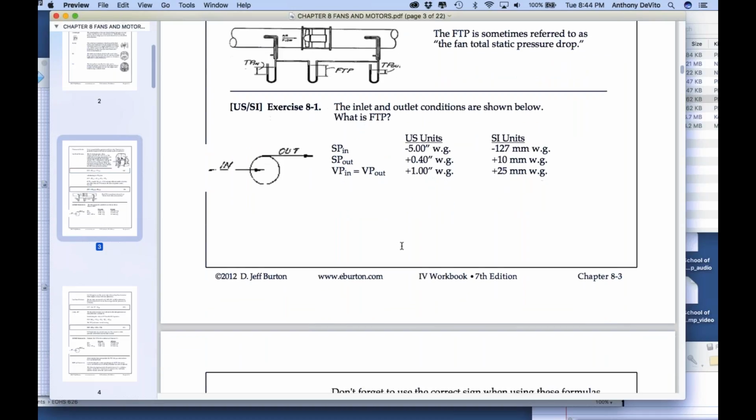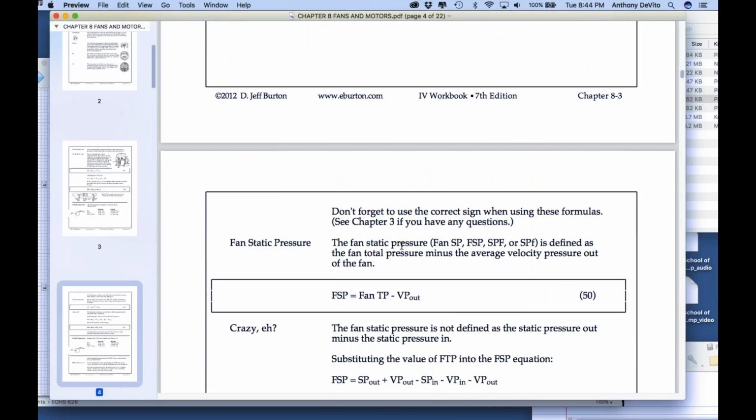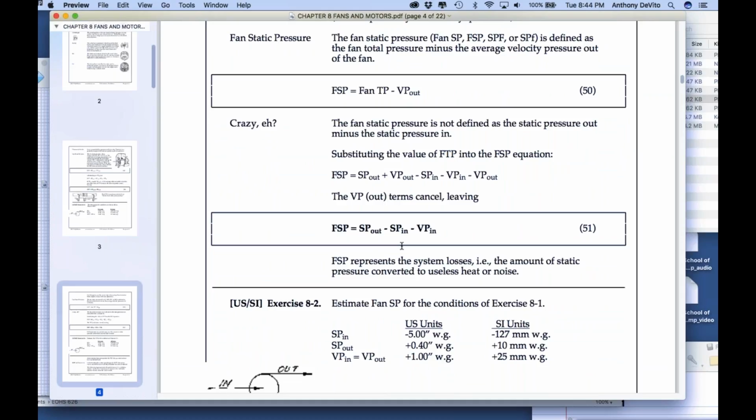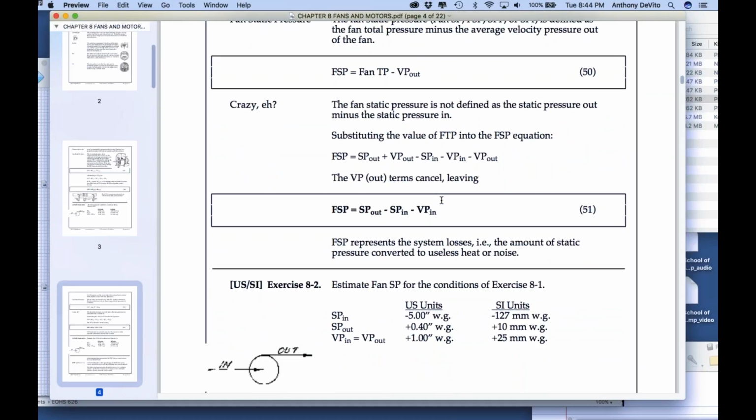Okay. So now sometimes the manufacturer will want to know something else. He'll want to know the fan static pressure. Well, fan static pressure is going to be a little bit different. Instead of total, now we're just thinking static.